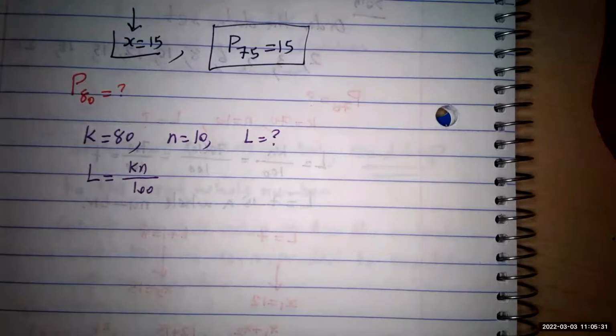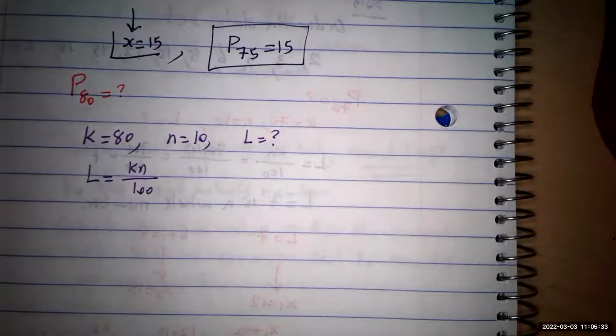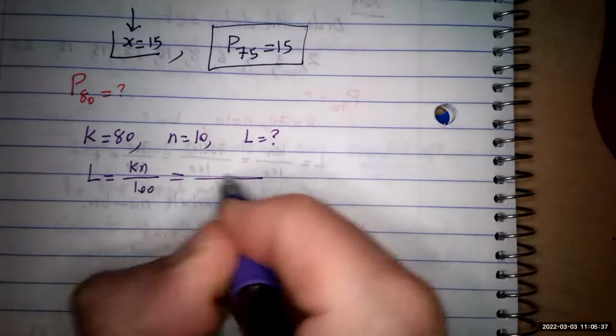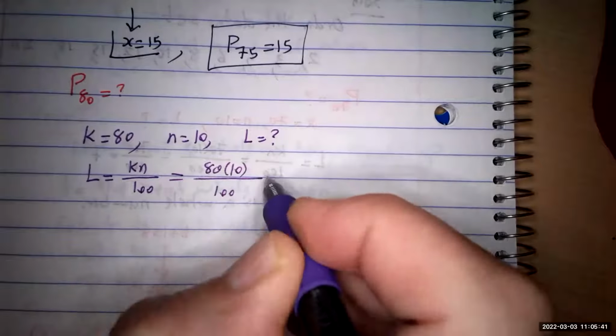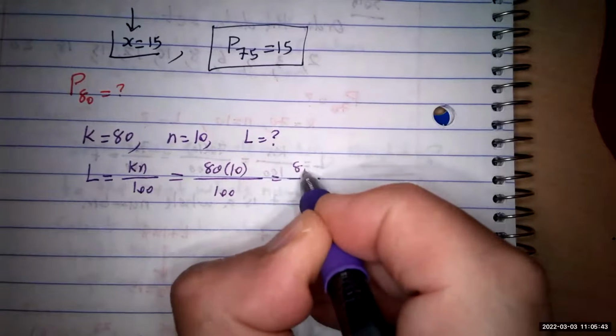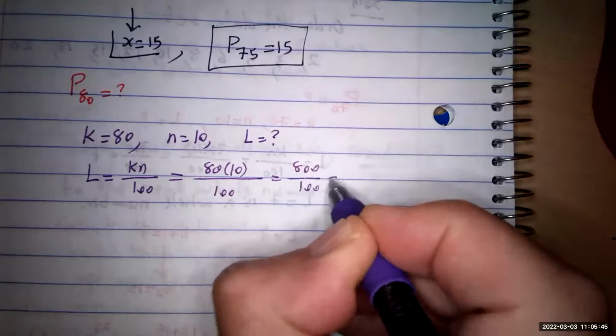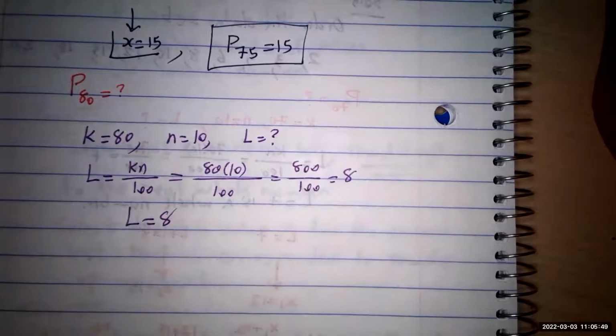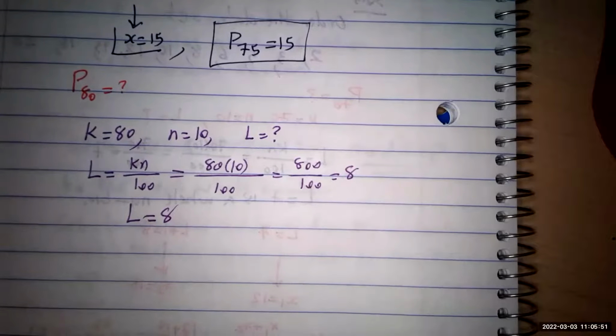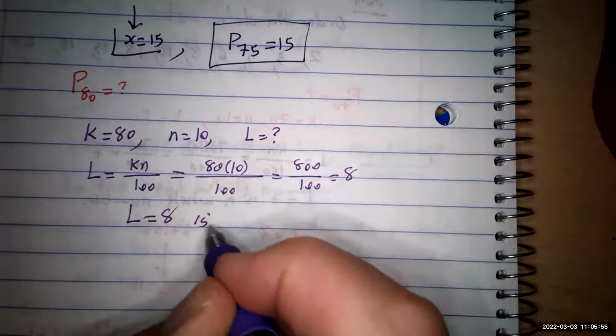Substitute K equal to 80, N equal to 10. So that gives 80 times 10 over 100, which is 800 over 100. That gives 8. See, 8 is a whole number.